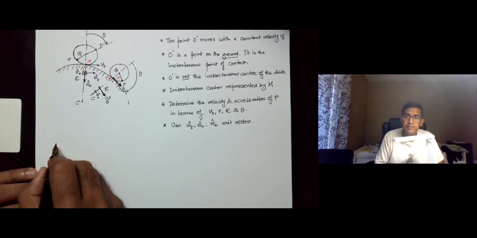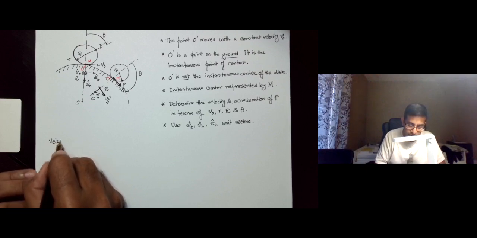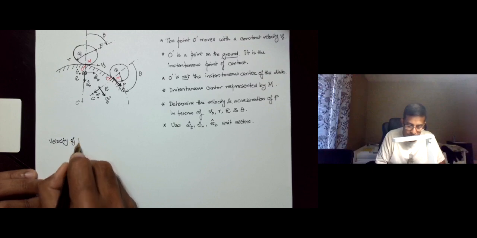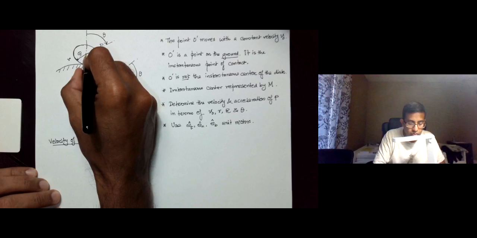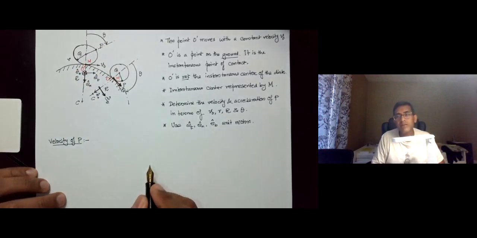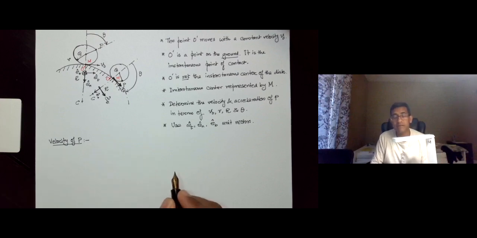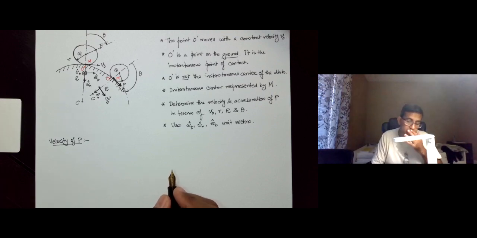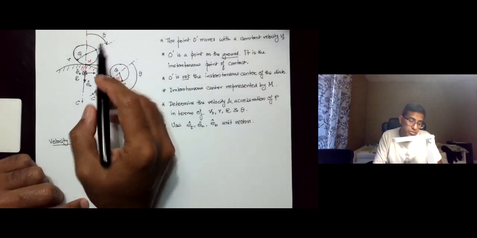So our first goal is to find the velocity of the point P. Okay, so if we consider the three-term velocity expression, which basically relates the velocity of a point with the velocity of another point, then there are a few things that we can do.